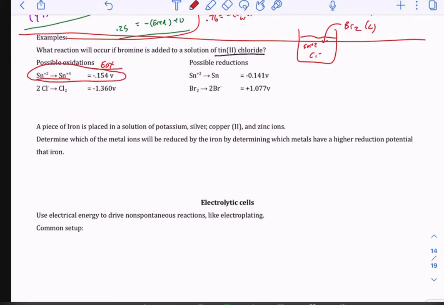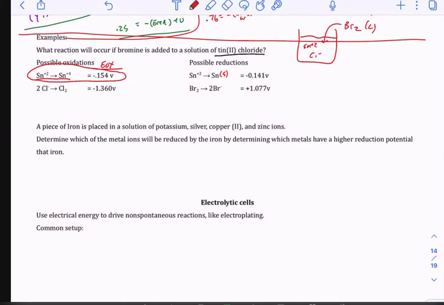All right, so let's look at the reductions. Tin could be reduced from ion to solid metal. Okay, and so this reduction potential is taken straight off of the chart. Bromine can be reduced to bromide, and that's taken straight off the chart.